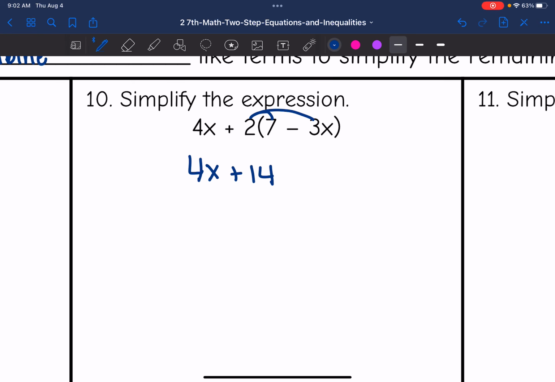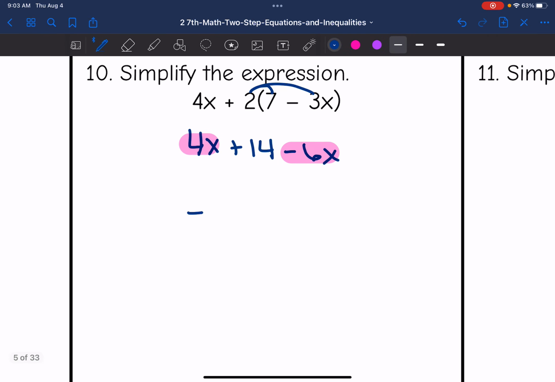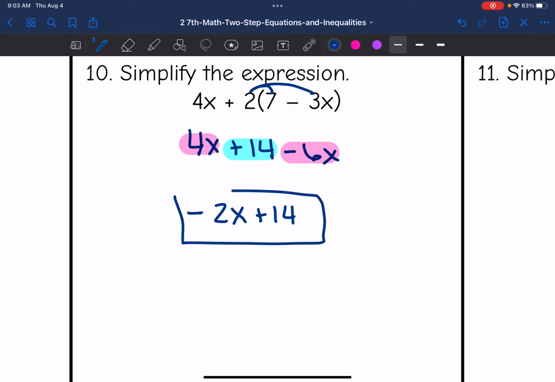And then 2 times negative 3x is negative 6x. Now I'm going to combine like terms. 4x will combine with negative 6x, and 4x minus 6x is negative 2x. And then I just bring down that plus 14 since it doesn't have another constant to combine with. So this expression simplifies to negative 2x plus 14.